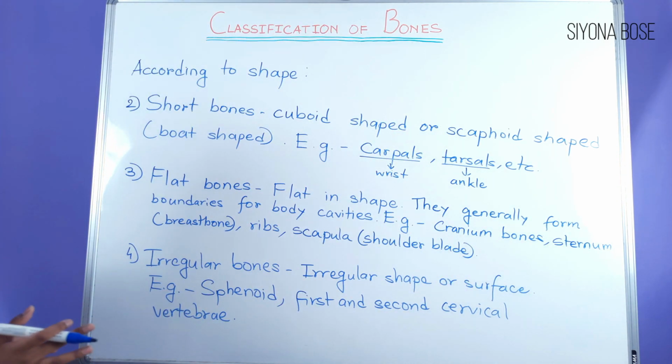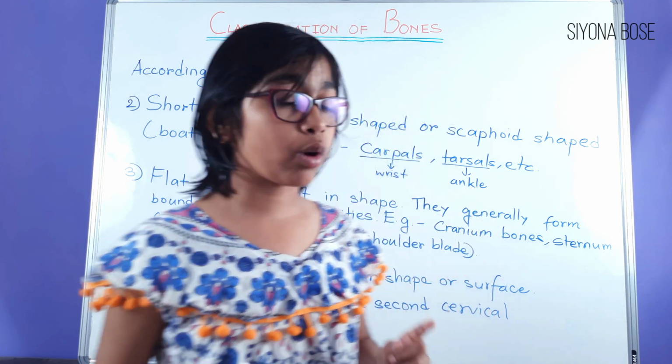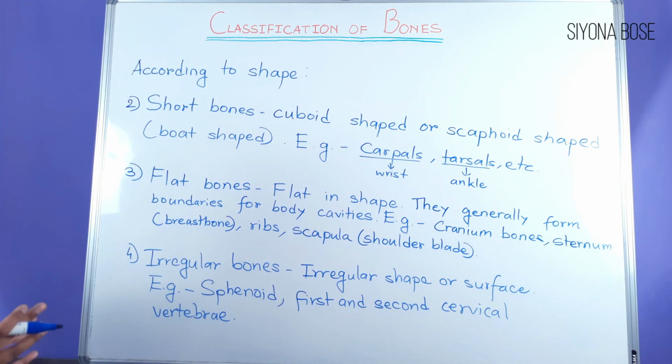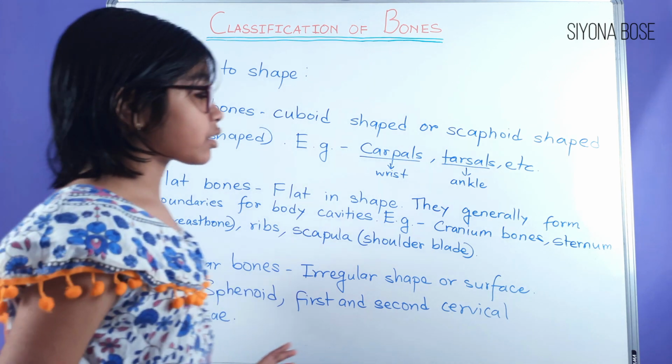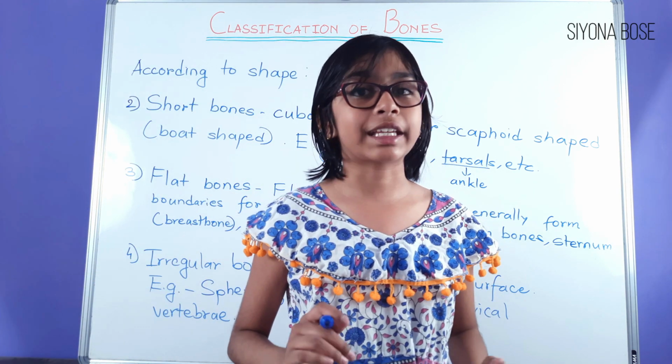Examples are the sphenoid, which is a bone in the skull. There is only one sphenoid. And the first and second cervical vertebrae. These are some of the examples of irregular bones.